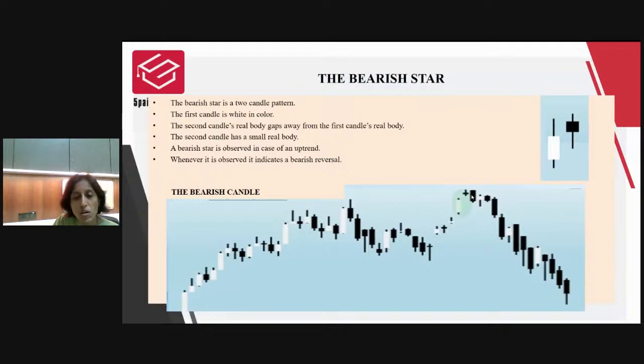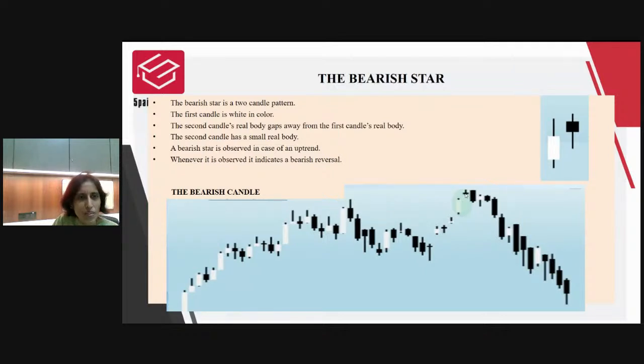You can confirm it by looking at the candle immediately after this second candle, which can have a small black real body, or it can be a green real body. Just look at the gap between the previous candle and this one.